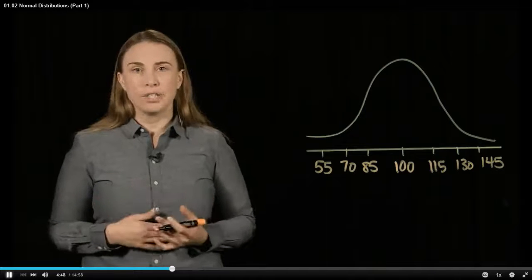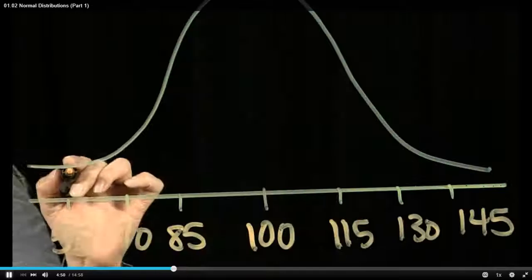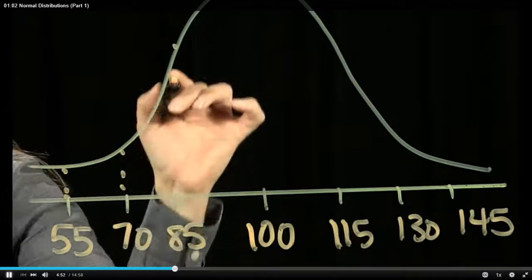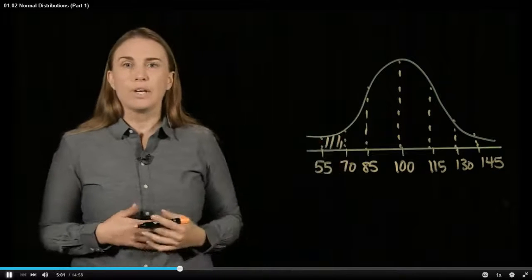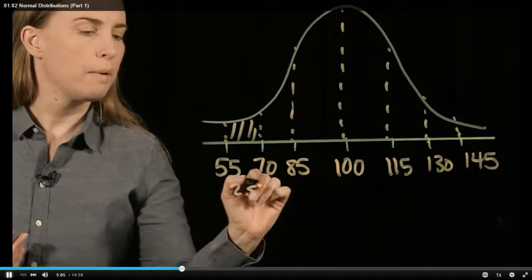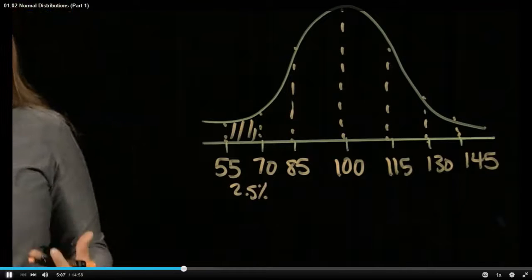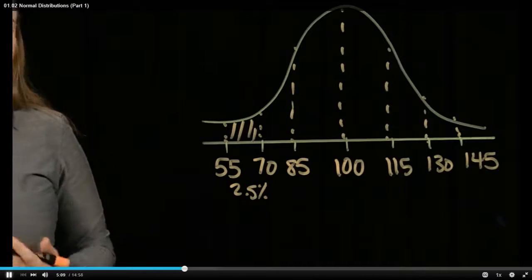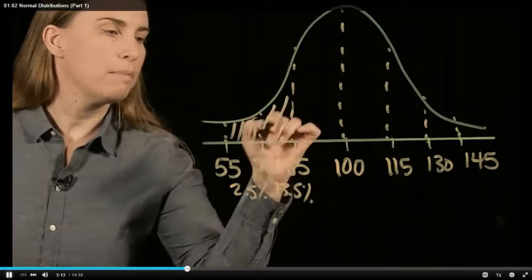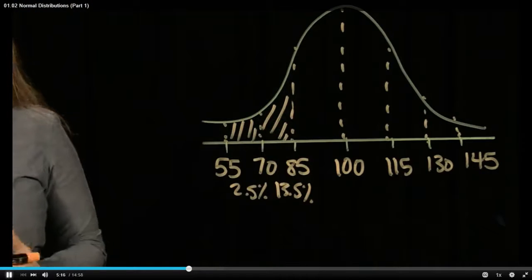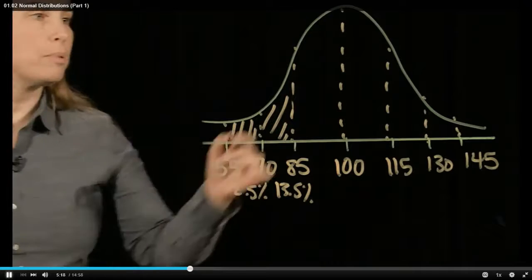The area under the normal curve shows the probabilities, depending on how many standard deviations you are from the mean. We'll fill in the percentages for each standard deviation. So if we look in here, each standard deviation represents this area here. So 3 standard deviations less is going to be 2.5%. 2 standard deviations less is 13.5% for this amount right here. 1 standard deviation less is 34%.